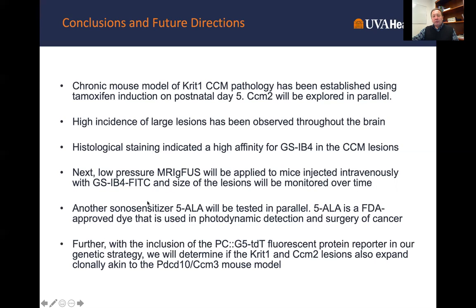We will also use another sonosensitizer known as 5-ALA. 5-ALA is an FDA-approved dye that is used in photodynamic detection and surgery of cancer, and we will compare these two approaches. And finally, by the use of the fluorescently labeled reporter, we will be able to determine if CRIT1 and CCM-based mutants and lesions expand clonally, similar to the PDCD10 model that was published recently.